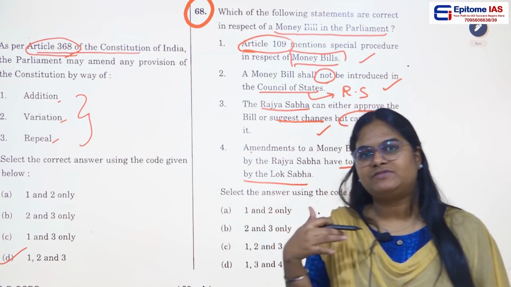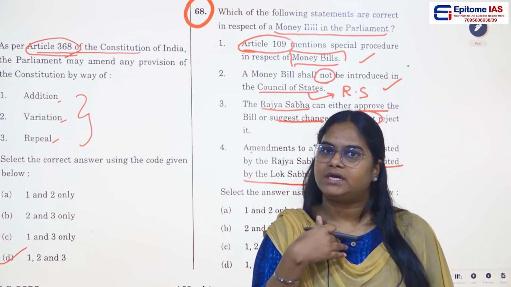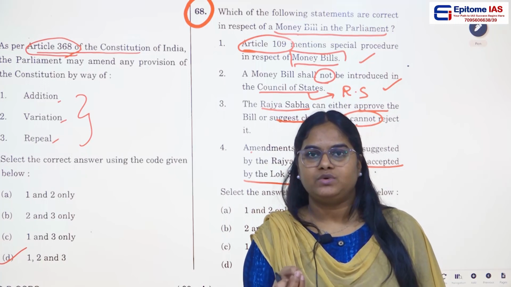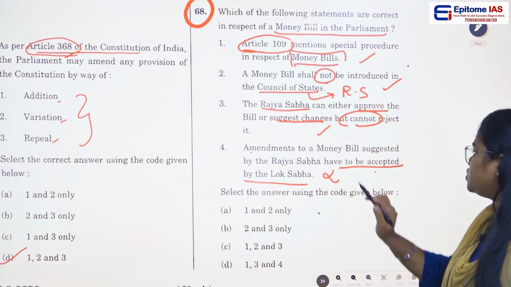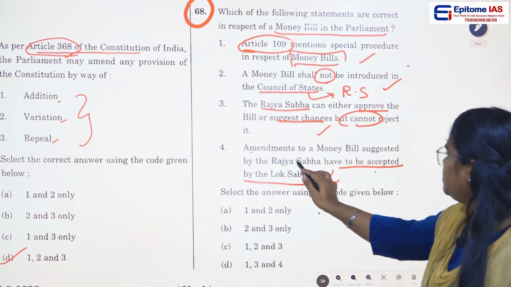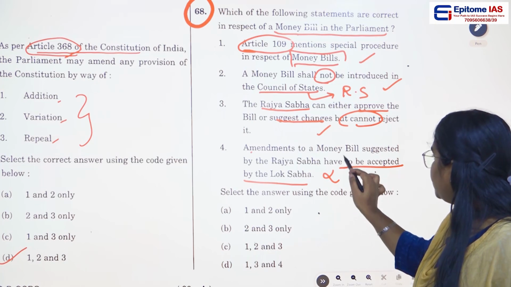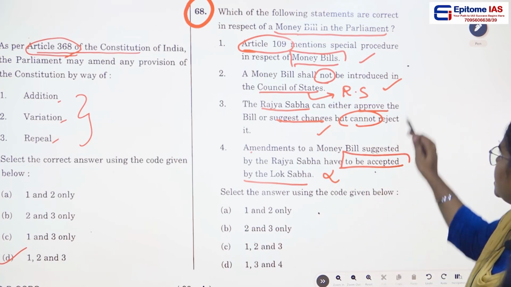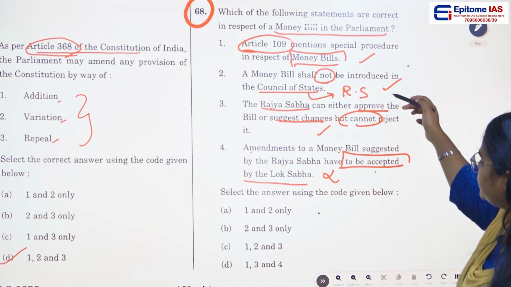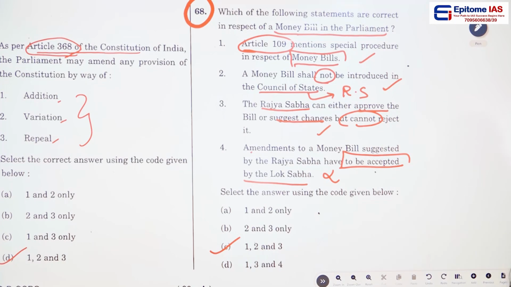The Lok Sabha is free to decide whether it wants to accept the suggestions or not. So this statement is wrong, because the amendments to the money bill suggested by the Rajya Sabha do not have to be accepted by the Lok Sabha. So what is the correct answer? The correct answer is 1, 2, 3. Option C is the correct answer.